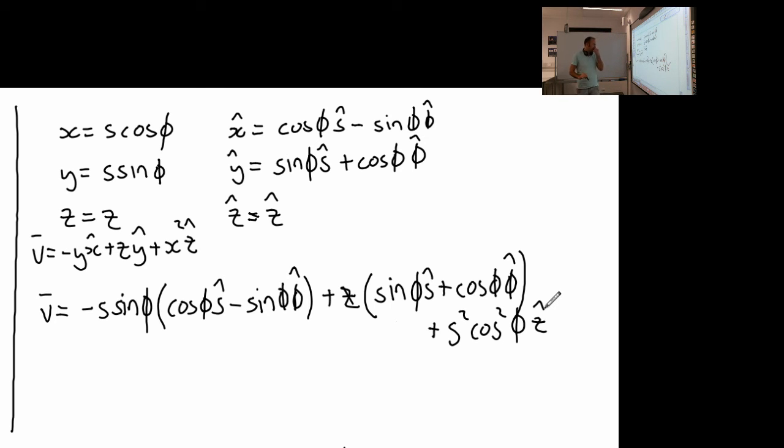Okay, so there we have it. We've written V in cylindrical form.